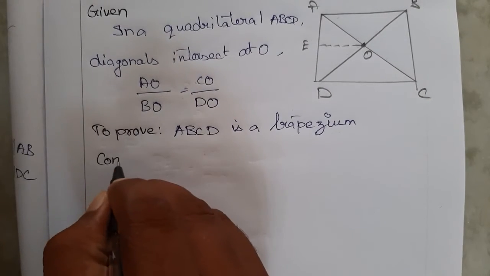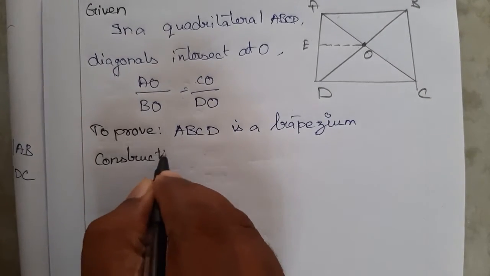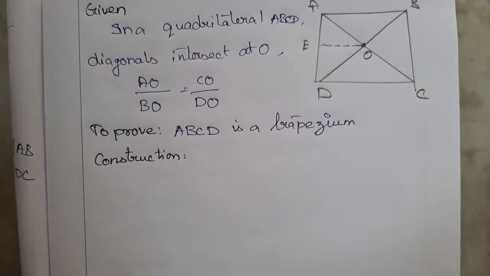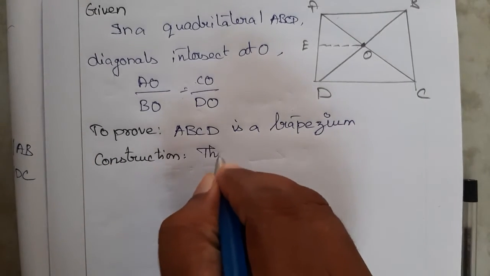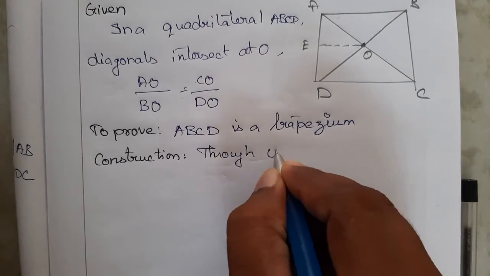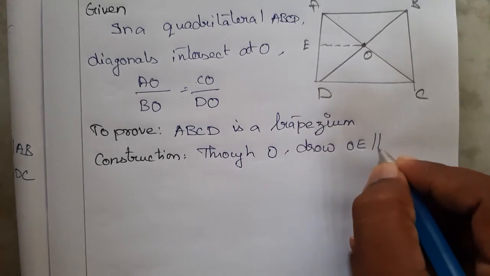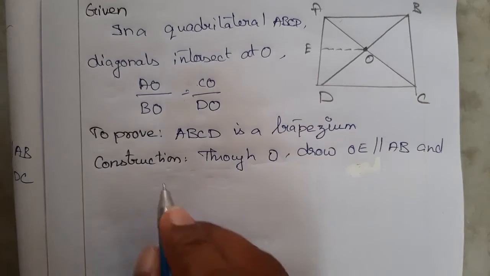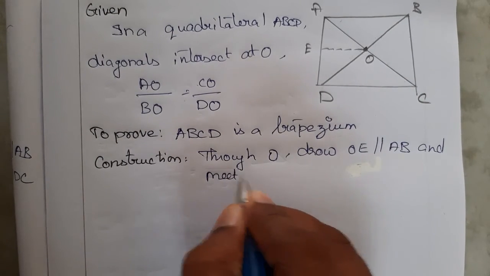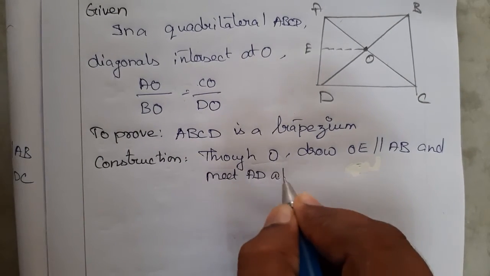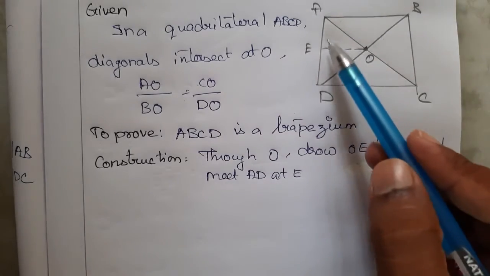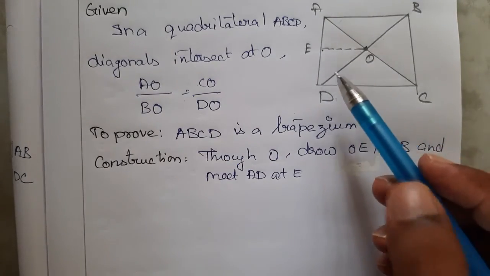So construction: through O, draw OE parallel to AB and meet AD at E. So this point is E, right?